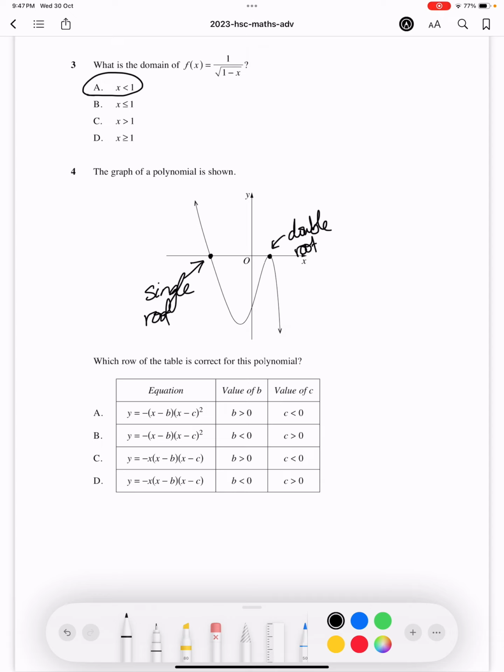And we can recognize that an equation has a double root when you have a bracket with a square. So that means that we can automatically rule out C and D, because none of those answers have a bracket that has a square. And so it is not possible to get a double root from C nor D.